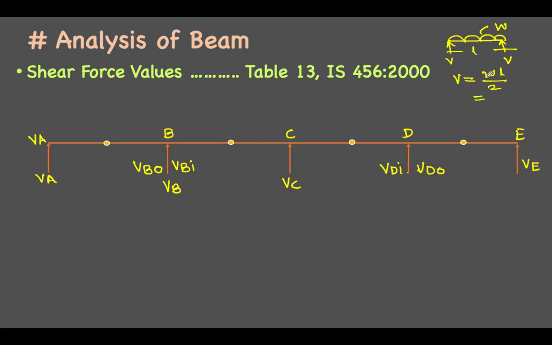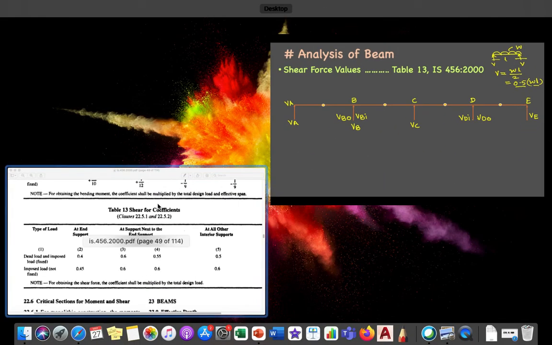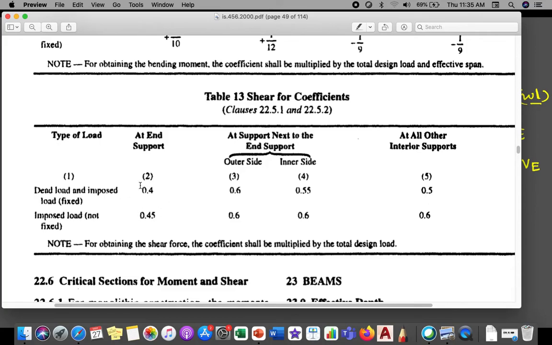It means here we will be having factor as 0.5 into WL. Total load is W. It means this coefficient we have to multiply by total load. So on the same line, now we have to see what are the factors or coefficients given for all these different points.